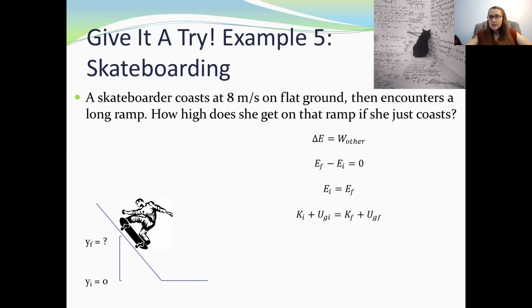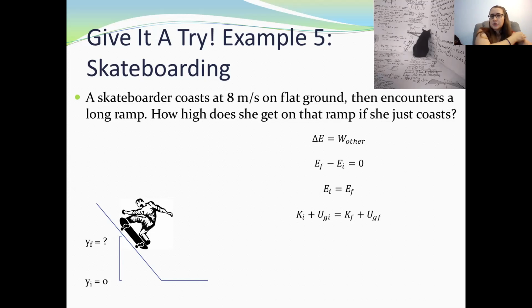Since we've been talking so far about kinetic energy and gravitational potential energy, those are the two that we're really looking at here. And if we think about it, that makes sense, right? Kinetic energy deals with objects that are moving. So anytime you have motion, you have kinetic energy. And the skateboarder is coasting, so she's moving, so she has kinetic energy.